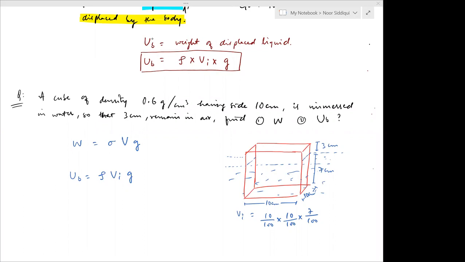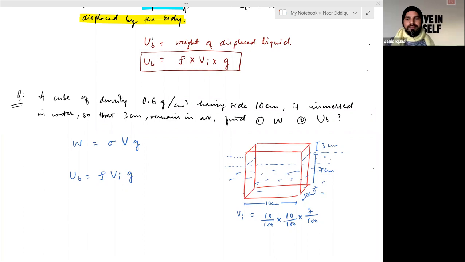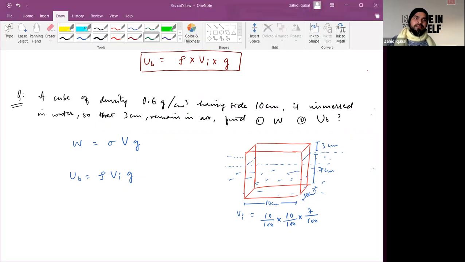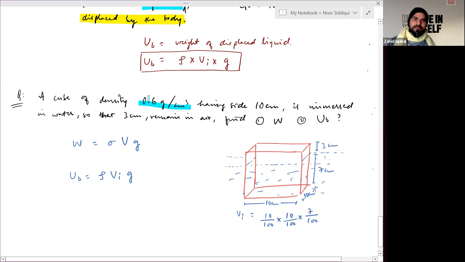So we have to use the density of water, right? Yeah. In case of the object, just use this part, but it is in terms of gram per centimeter cube, so multiply it by 1000 to convert into kg per meter cube.